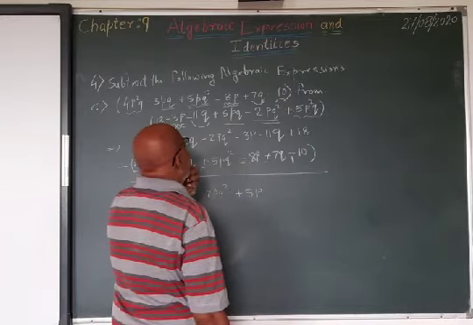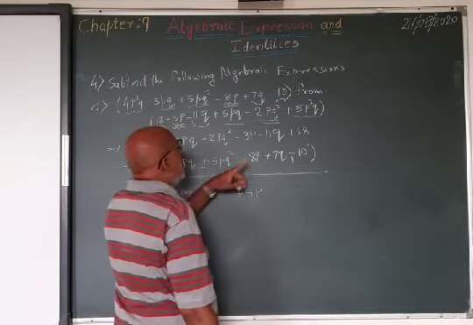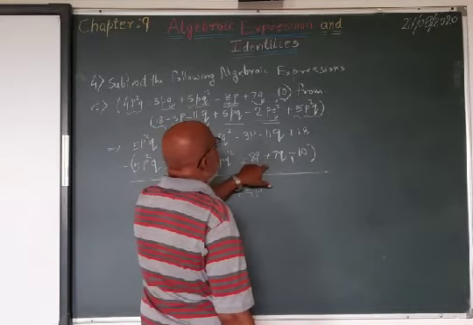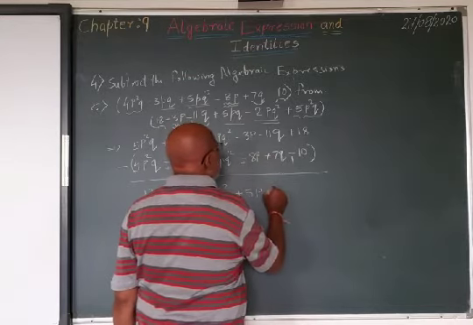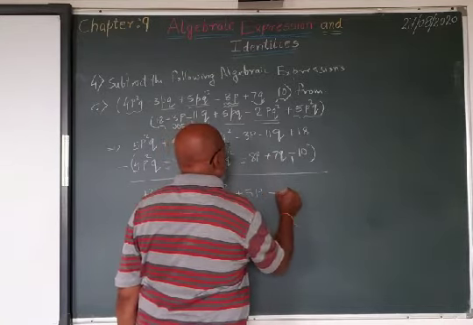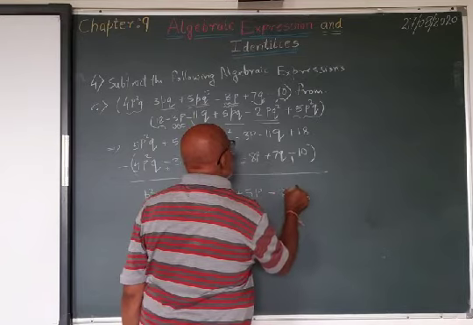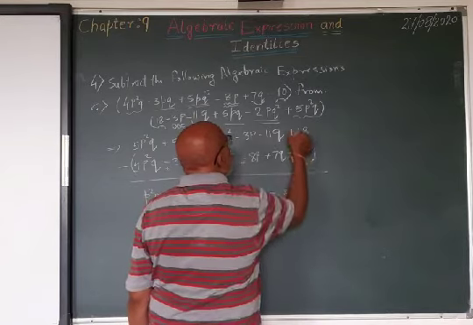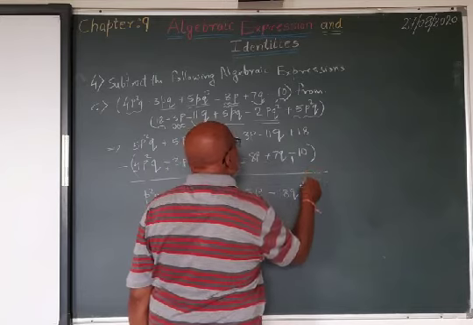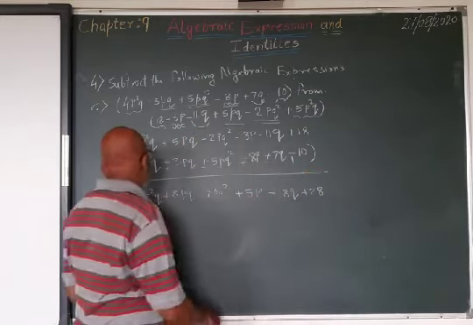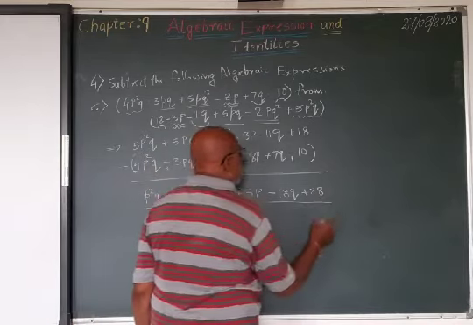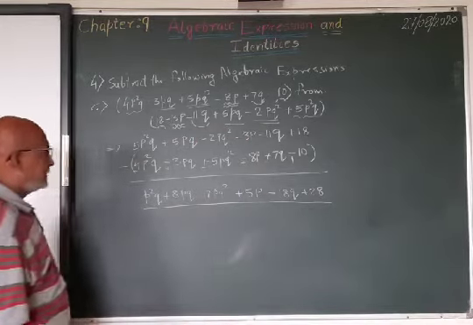And then minus and minus both minus, so it will be added: 11 plus 7 is 18, but the sign is minus, so minus 18q. And here both are plus, so plus 20. So this is the answer for C1.